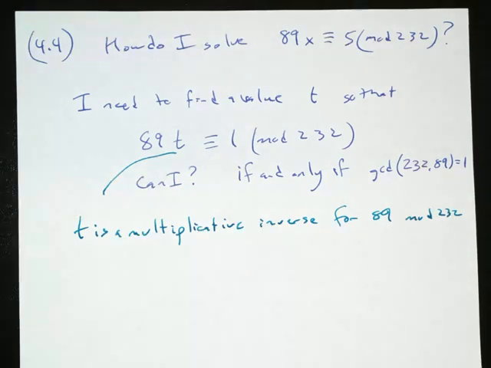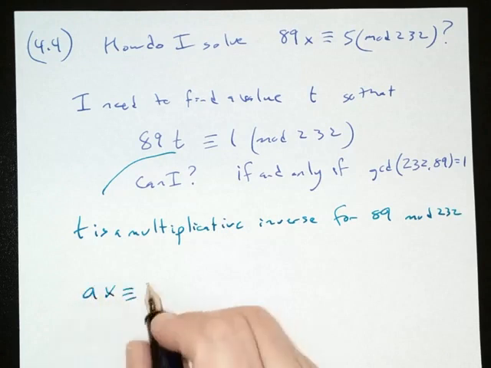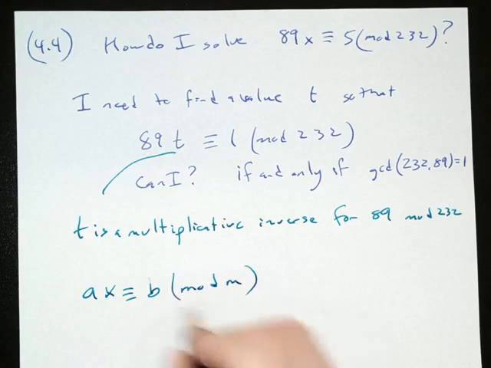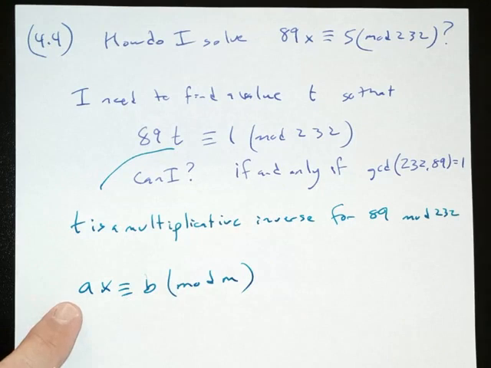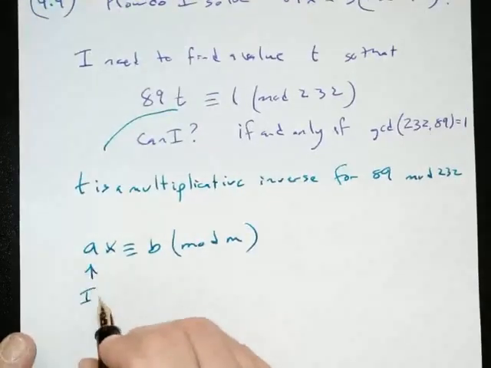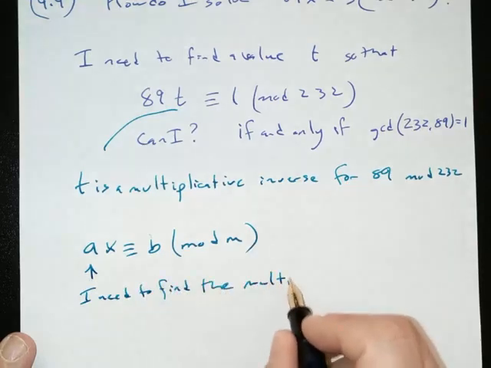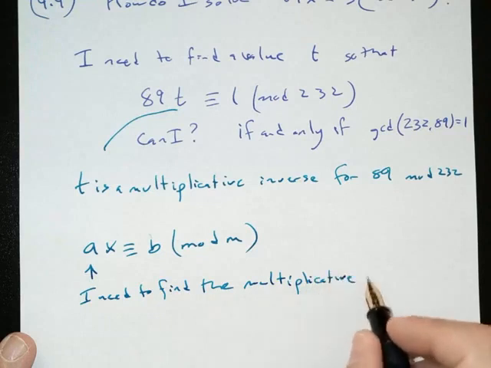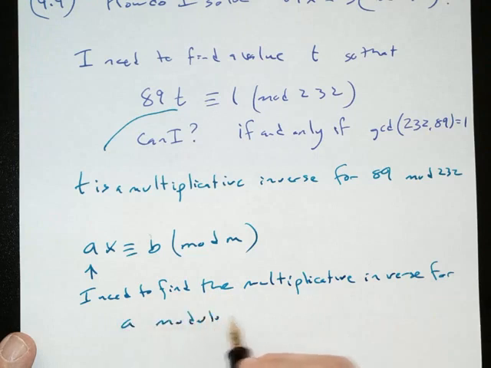In general, if I want to solve an equation that looks like this, I need to find the multiplicative inverse for A. So when can I do this?